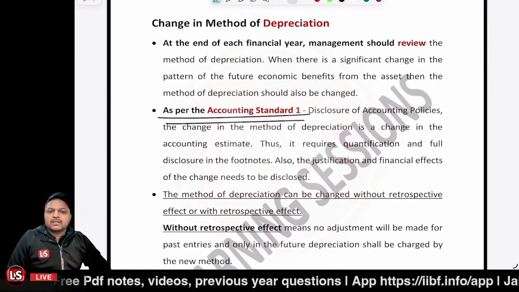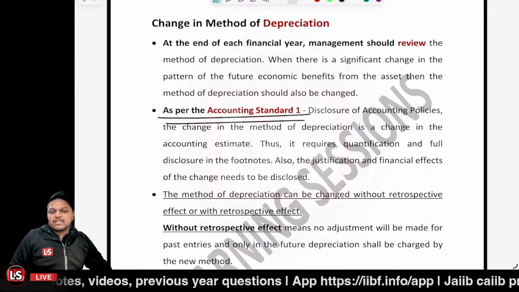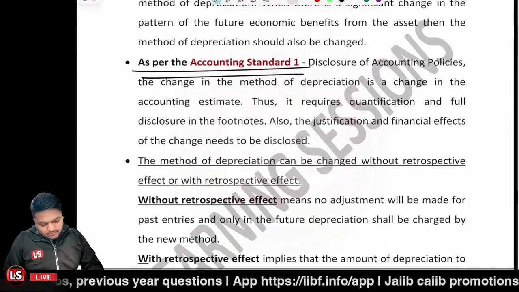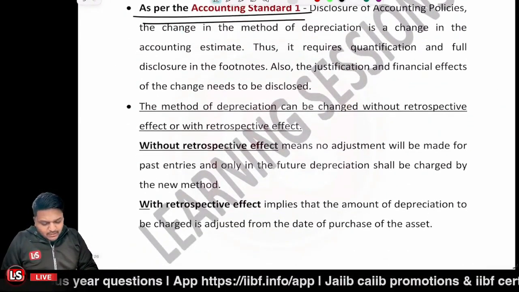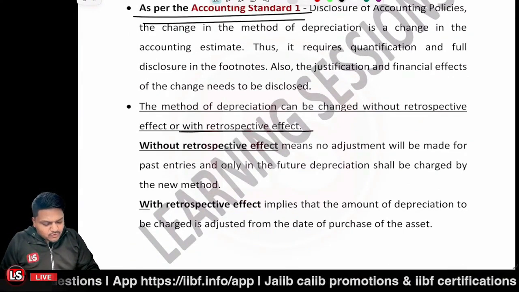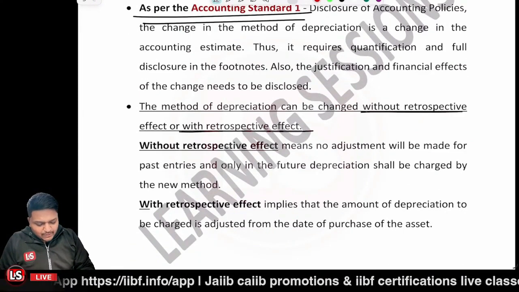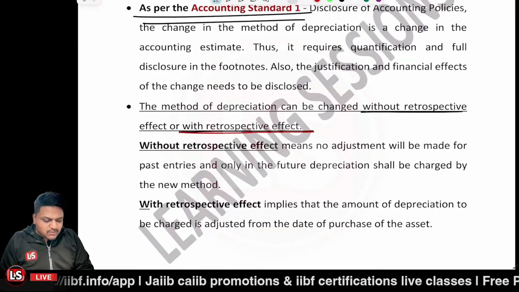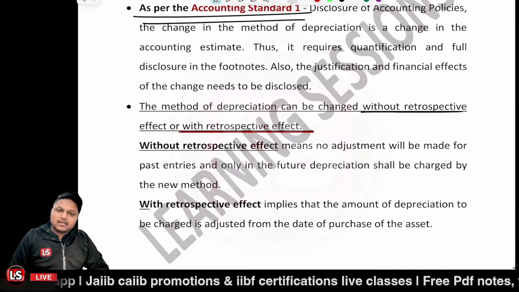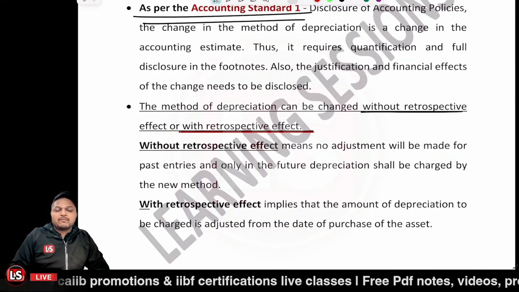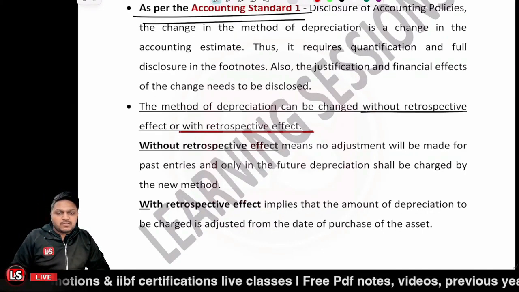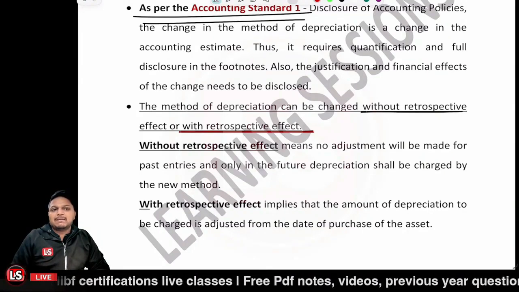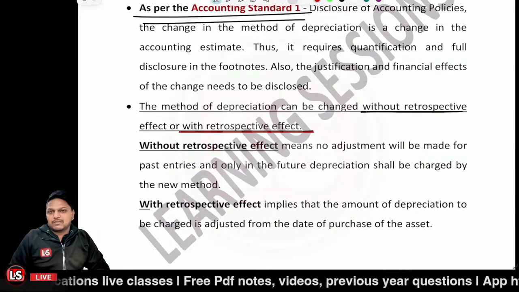And further, it could be the case that we are going to change the depreciation with retrospective effect or without retrospective effect. With retrospective effect means we are going to change it from the previous years, right? And without retrospective effect means no adjustment for the previous years, for the past entries, only the future depreciation shall be charged as per the new method, right?